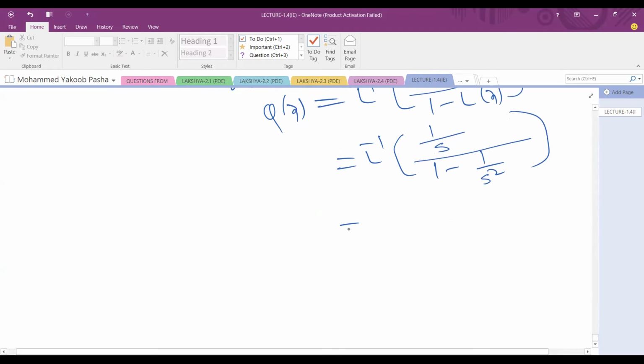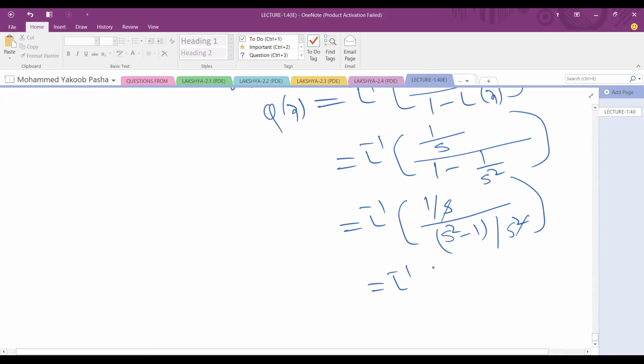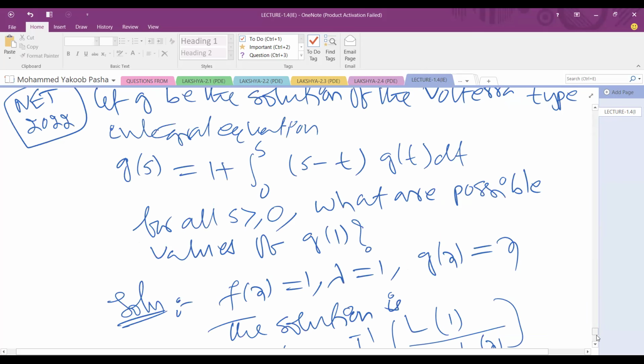So here, inverse Laplacian of 1 by s in the numerator, s square minus 1 by s square in the denominator, 1s will be cancelled. L inverse of s by s square minus 1. Okay. Already we discussed. What is the formula here?